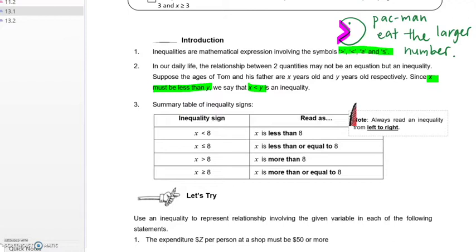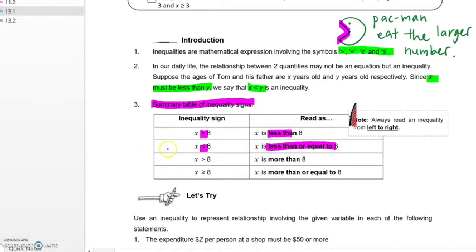Right, so if you look at this summary table over here, this is the one that's important and you need to memorize this because you need to know what the inequality signs mean. In this case here, this is x is less than 8. And then with a dash across, that means less than or equal to. You can take the dash across as part of the equal sign.